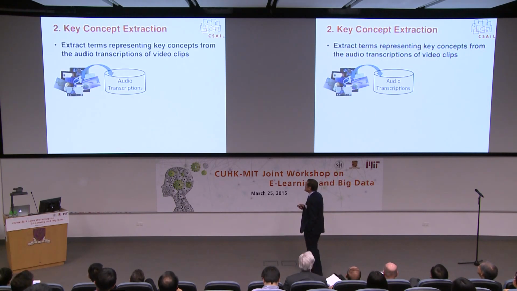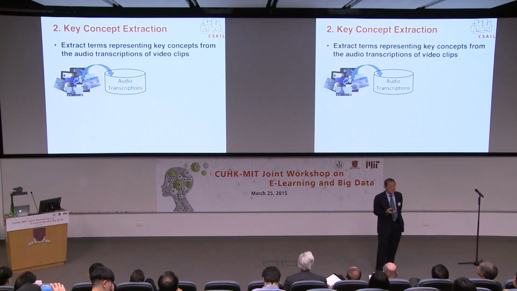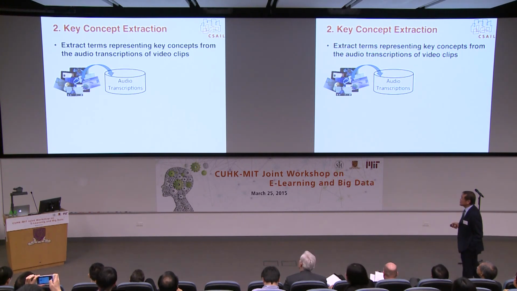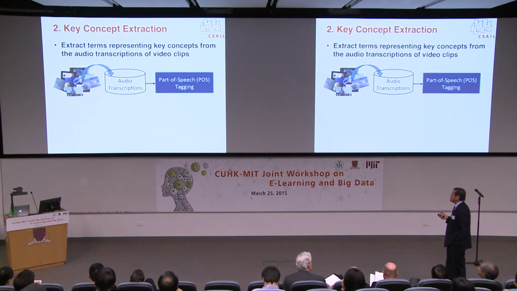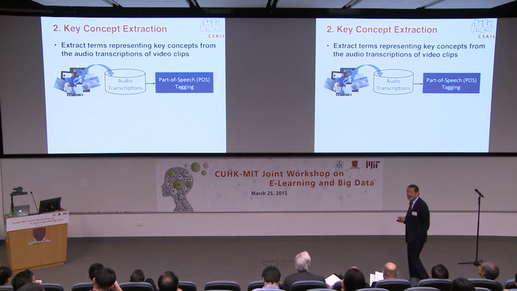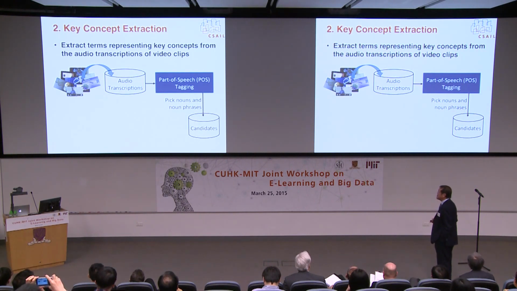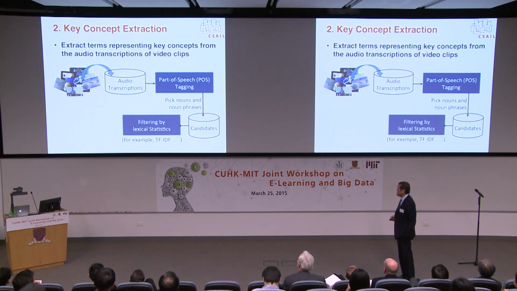The second step is we try to extract automatically the key terms in each one of those lecture vignettes, if you will. Based on the audio transcription, one of the things we do is to tag automatically the parts of speech. Then we pick out the nouns and noun phrases and consider them to be candidates, all right?